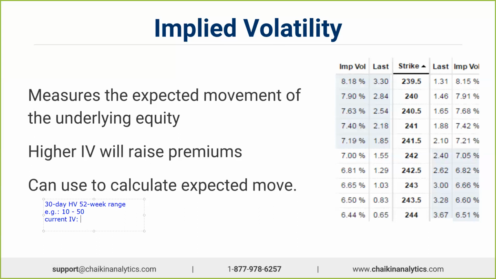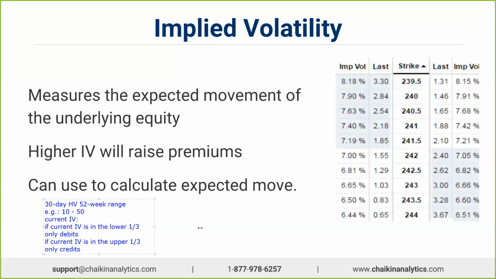And if current implied volatility is in the lower, maybe third, only debits. If it's in the upper third, I only do credit trades.